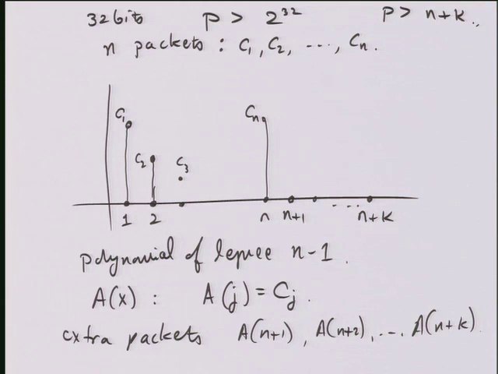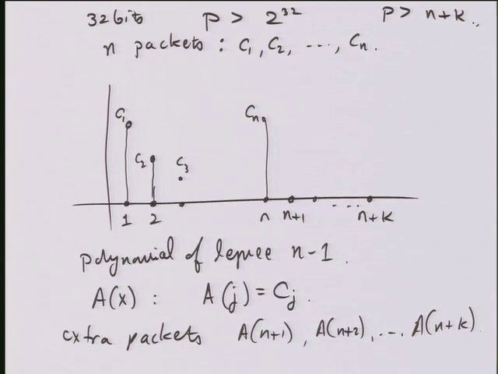Instead of maybe 100 packets, we now transmit 105 packets. So k is 5. So we transmitted these 5 extra packets. And now what we're claiming is if any of these packets got dropped, we still have polynomial interpolation. And because of that, we can fill in these blanks.